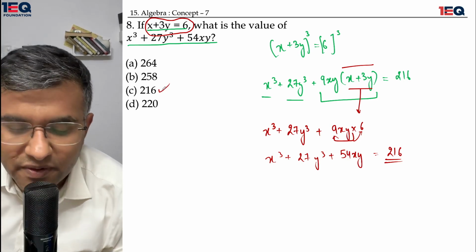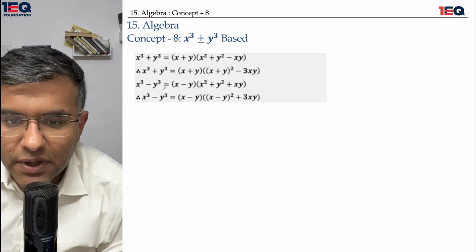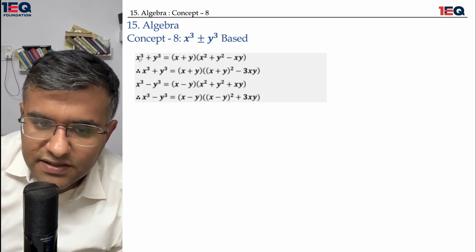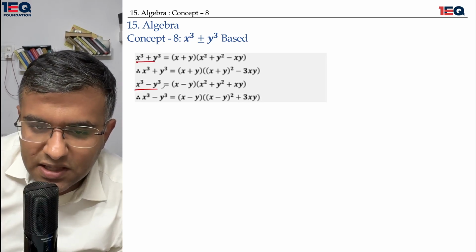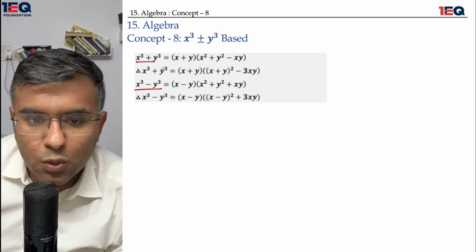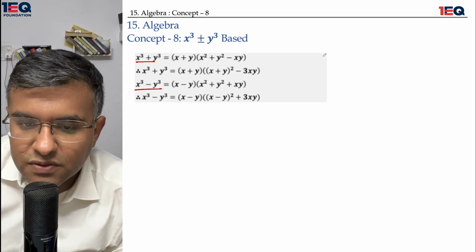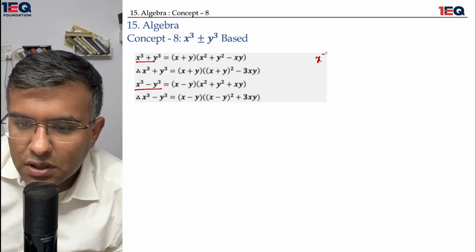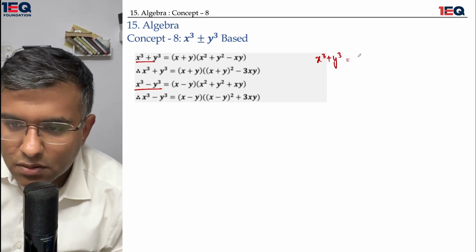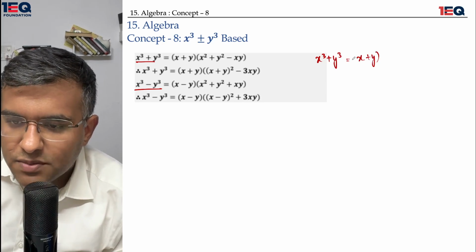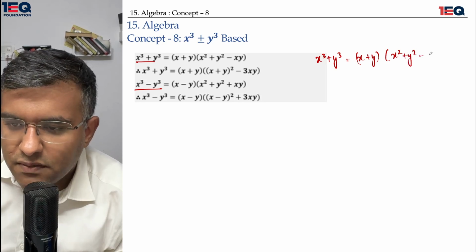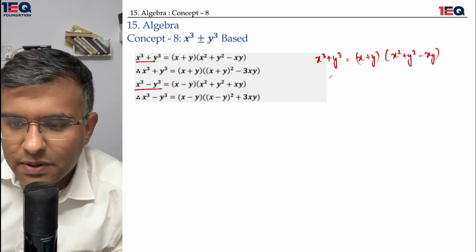I hope everybody is comfortable with it. I'll quickly move on. There are situations when these two formulas become very useful for us. Whenever you see x cube plus y cube, you must remember it becomes x plus y multiplied by x square plus y square minus xy.